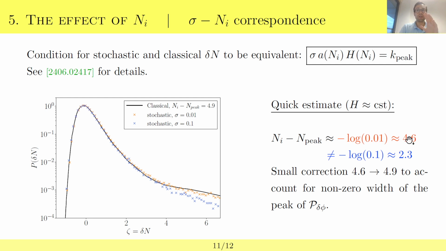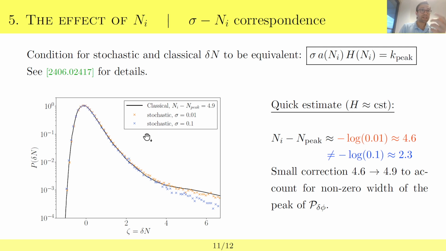That is 4.6 e-folds. Actually, the best fit is not 4.6, it's 4.9. This small offset is because the peak of the power spectrum is not an exact Dirac delta, but it has some width we have to account for. But in any case, 4.6, 4.9, ballpark.